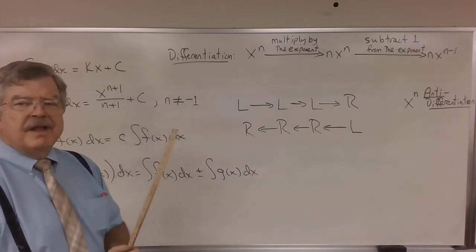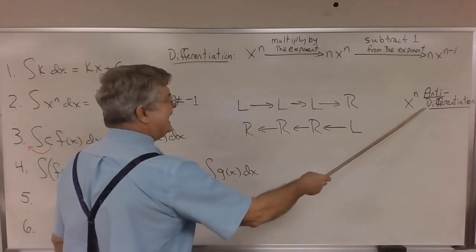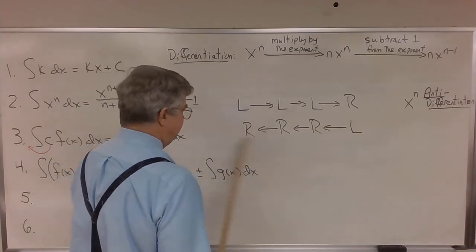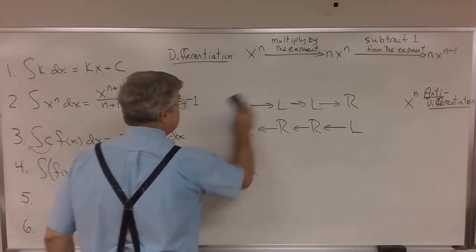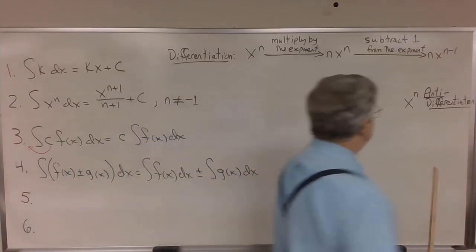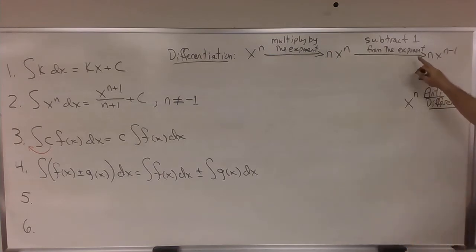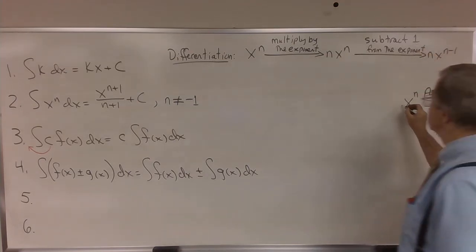The same kind of logic applies to the power rule and antidifferentiation. So suppose that we start with the function x to the n. The first thing we want to do is undo this step. So how do we undo the step of subtracting 1 from the exponent?